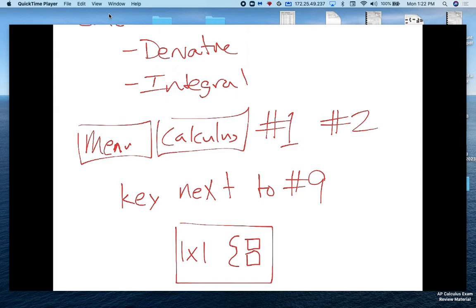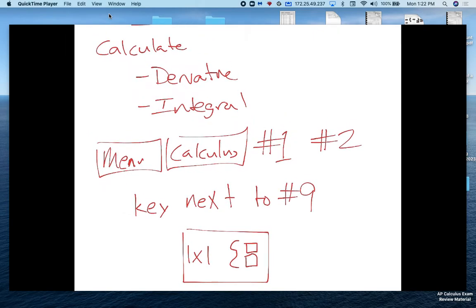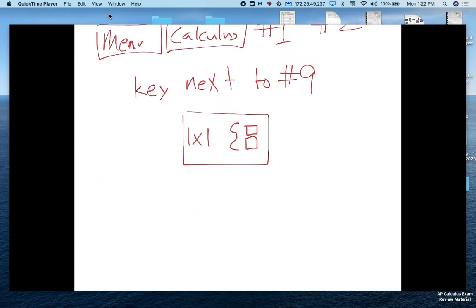If you hit that, you get all kinds of different things on there. You can do the derivative, the second derivative, and all different kinds of things with piecewise functions, graphing them and evaluating them. And if you're ever wondering what else it can do, probably somebody made a YouTube video for it, so check the YouTube video.